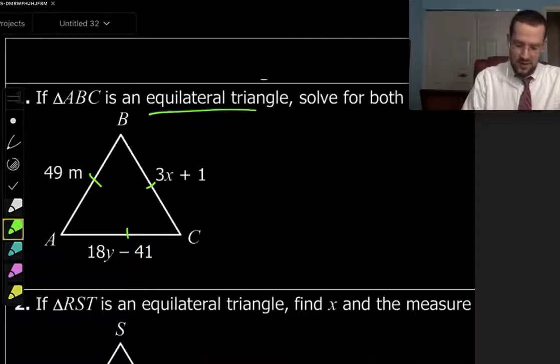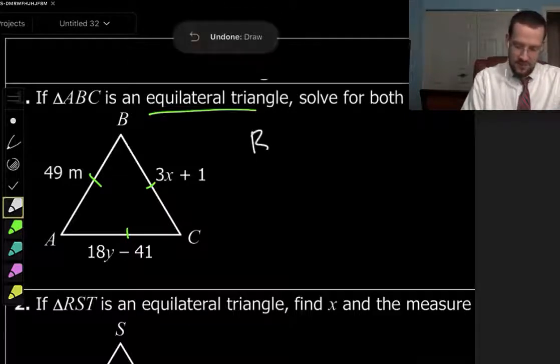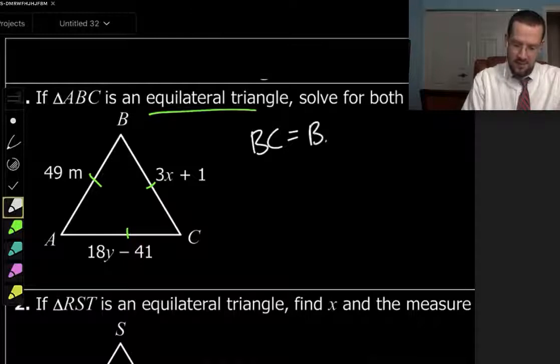If these three things are all equal, then, for example, we would know that the measure of BC would be equal to the measure of BA. BC is 3x plus 1, and BA is 49.